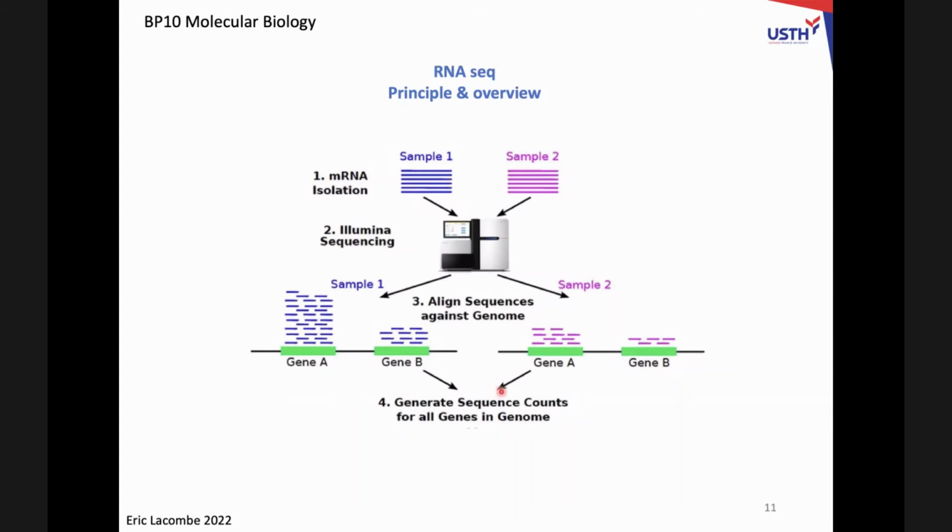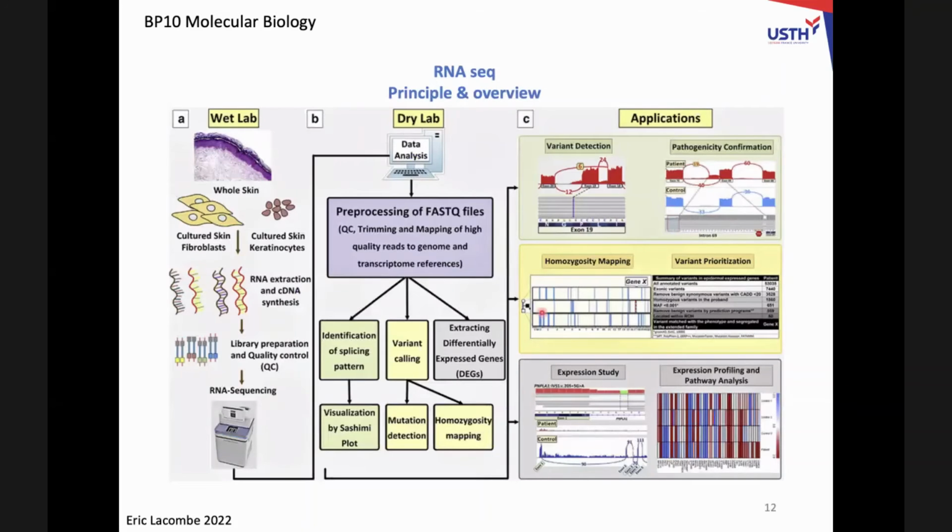So the idea is, what can you do? I found this slide, a colleague of mine gave it to me. He's working in medicine, but it's quite informative. It shows all that you can do with RNA-seq data.